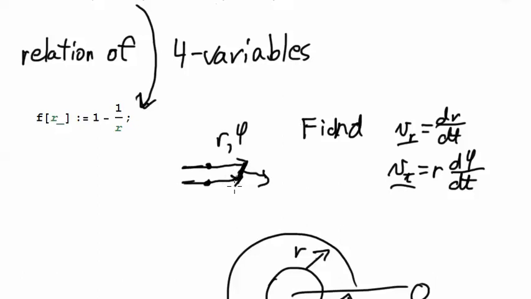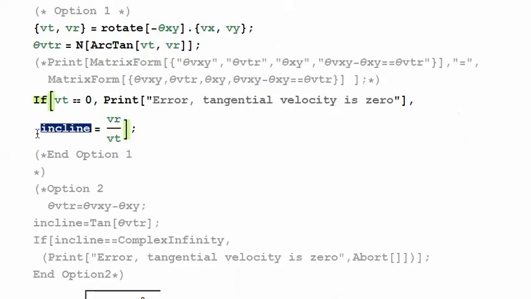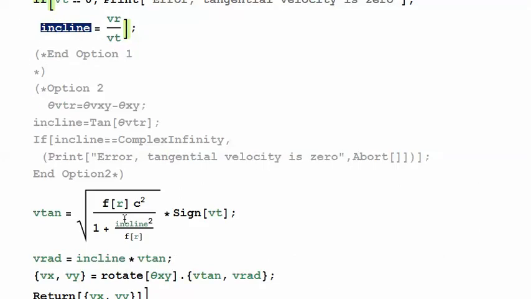Because if the wheels on the right side of the car are slower, that makes the car turn, and I basically just used that new vector based on how far they turned. But that required me to find an incline, which was basically the radial over the tangential velocity. And then based on that incline, I could find a new tangential velocity.